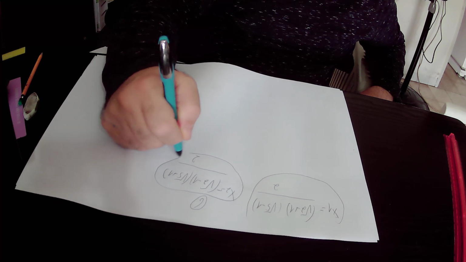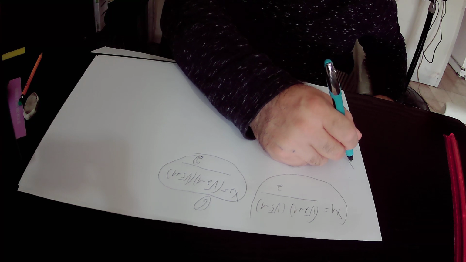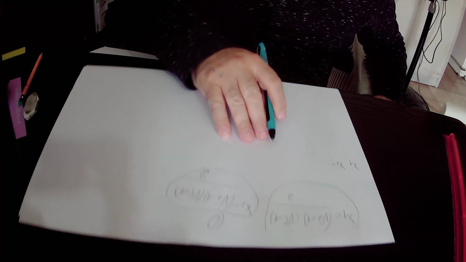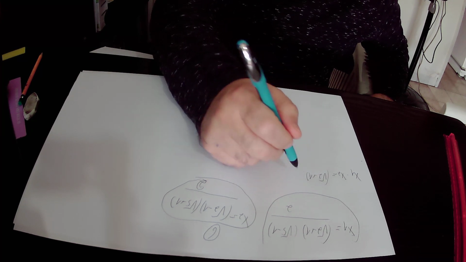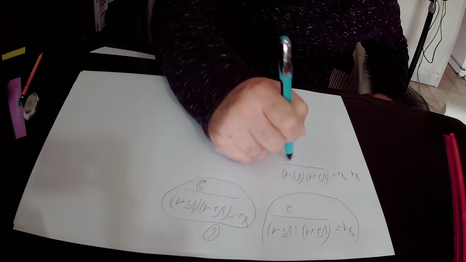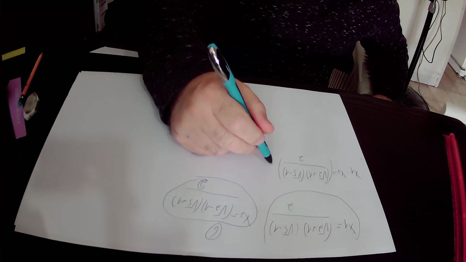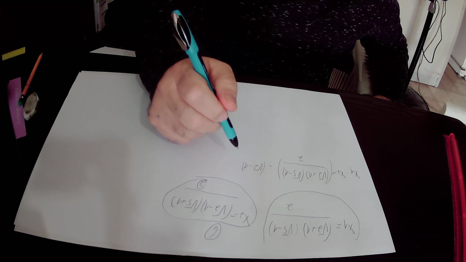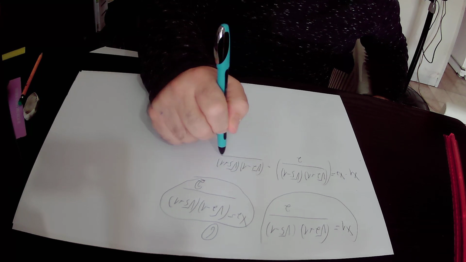In the next step, we will multiply x1 by x2, and we will get that x1 times x2 equals square root of 2 plus 1 times square root of 5 minus 1, all divided by 2. This is x1, we will multiply it by x2, and x2 is square root of 2 minus 1 times square root of 5 plus 1 over 2.